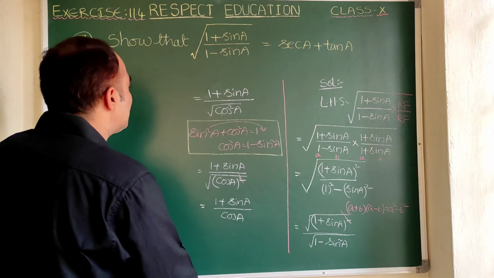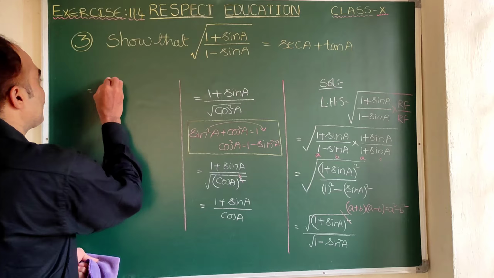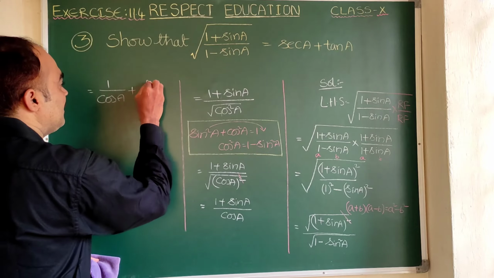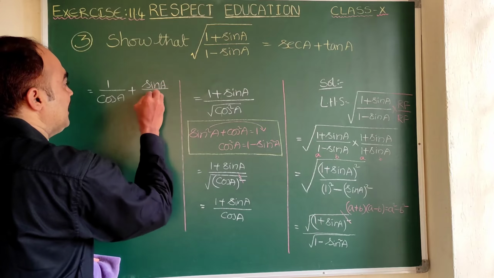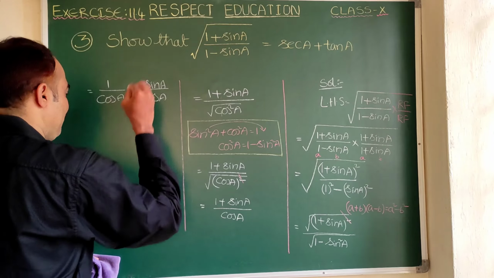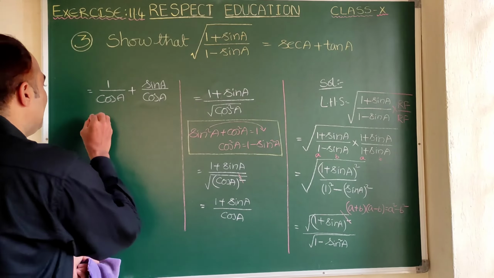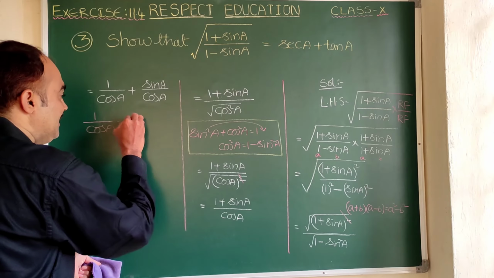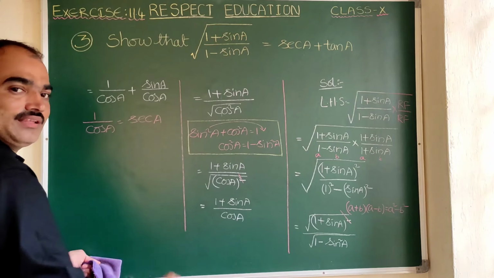So here can you tell me what will be the next step? 1 by cos A plus sin A by cos A. Yes. Now here again formulas. 1 by cos A can be written as secant A, right?